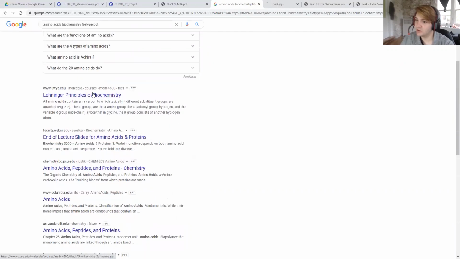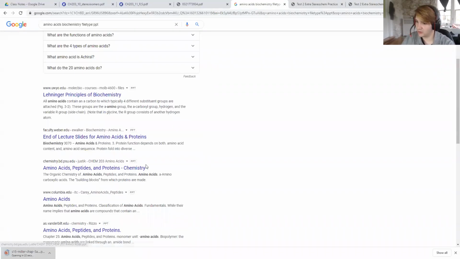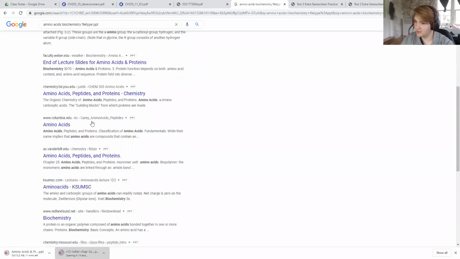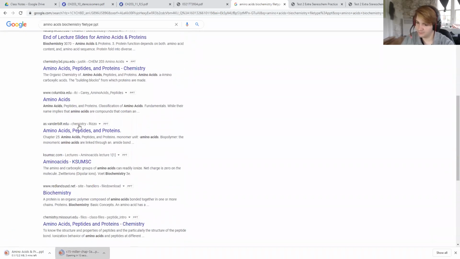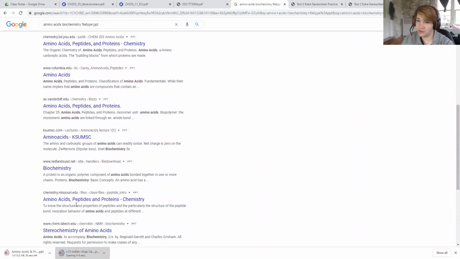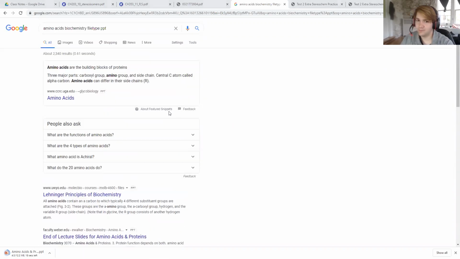What you can do is get only PowerPoints of what's going on. Like that just downloaded for me. So you can get PowerPoints of different things and take a look at different stuff. Is that helpful? Yeah. So use these Google techniques to your advantage.